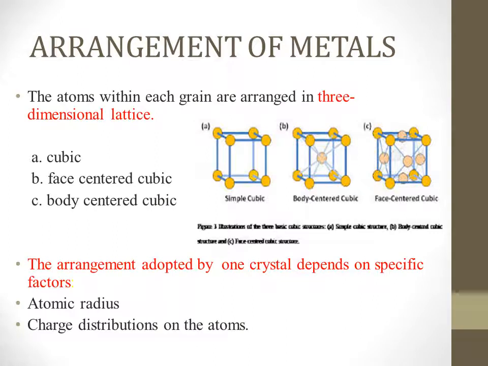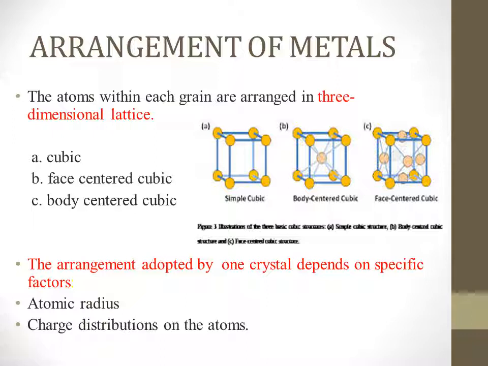and this leads to ductility. If we look at the arrangement of metals, the atoms within the grains are arranged in a three-dimensional lattice. There are many different kinds of arrangements, but we will just talk about the arrangement of metals in dentistry. There are basically three types. It can be arranged in a cubic form, a face-centered cubic form, or a body-centered cubic form.